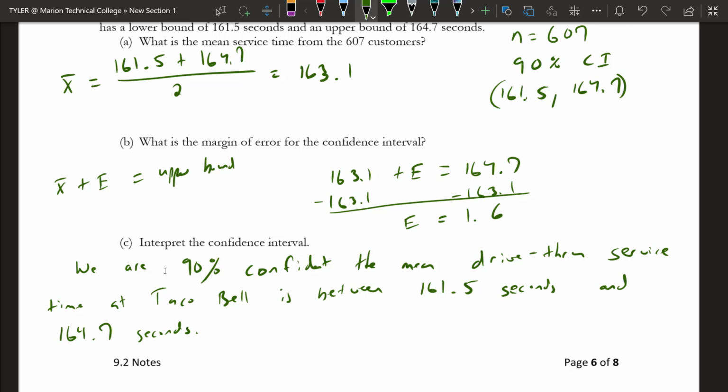Right? So similar way to interpret it from last section, right? So again, this section is pretty similar to the previous section, just a little different.